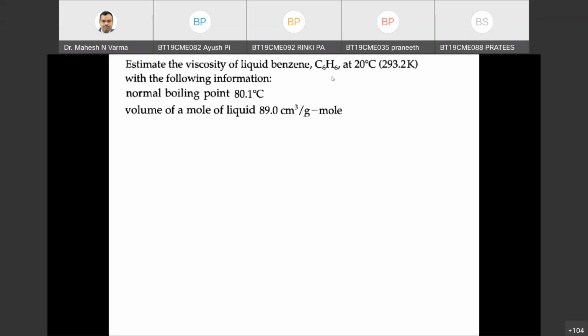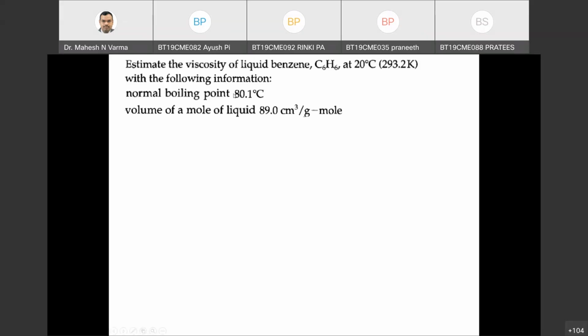So you need the following information: the boiling point of the liquid and the molar volume of the liquid. So what is the molar volume of the liquid? This data you can obtain from various data books.